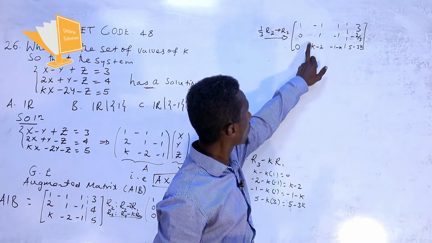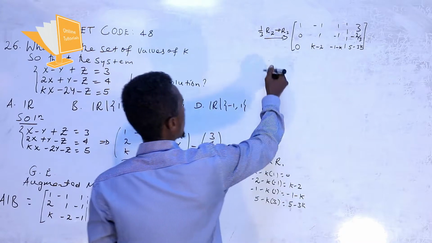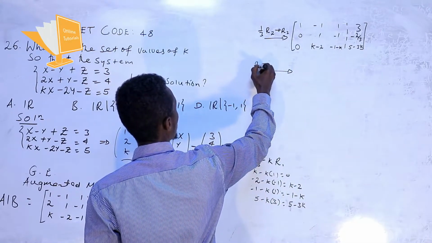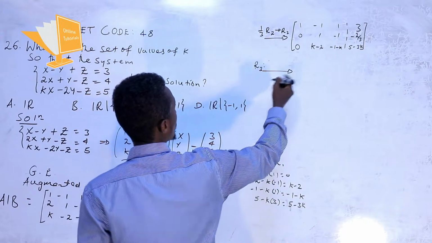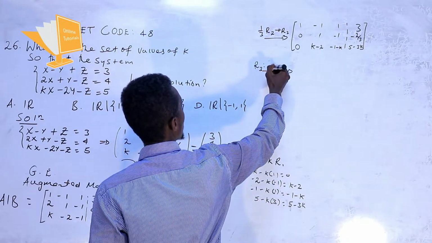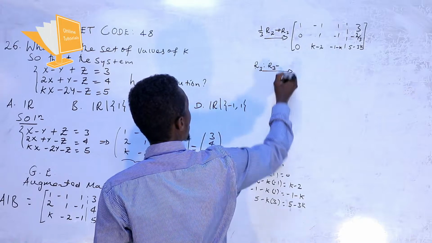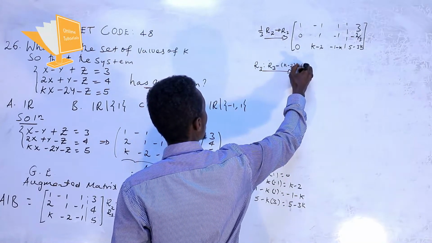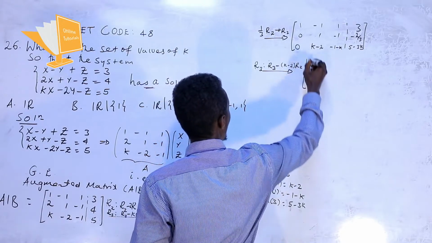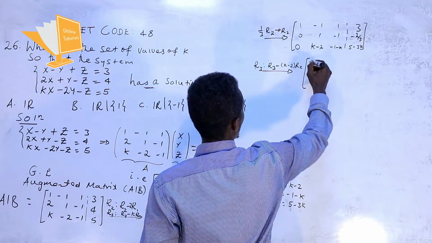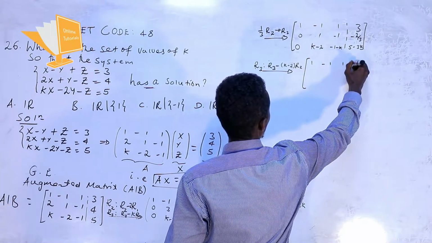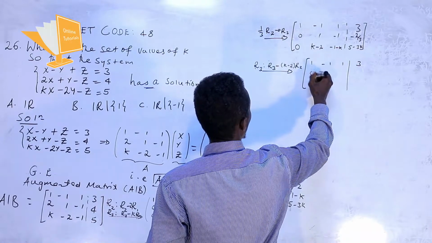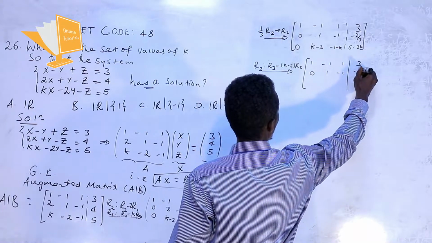Now what do we do next? The entries under the second pivot element must become 0. To make this 0 we use this operation: R3 minus K minus 2 times R2. The first row doesn't change, so we keep it as it is: 0, 1, -1, -2/3.